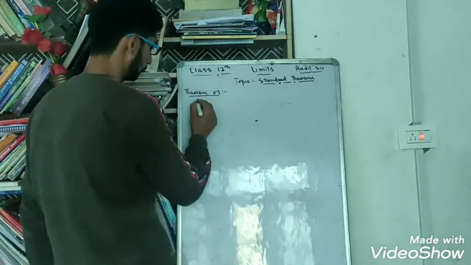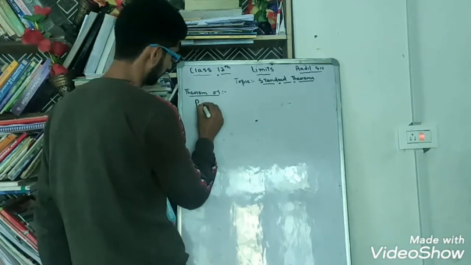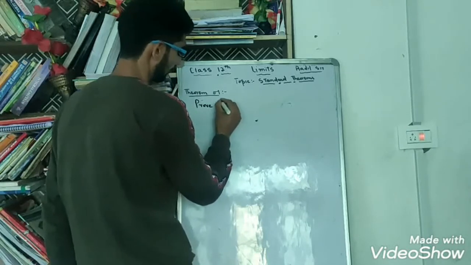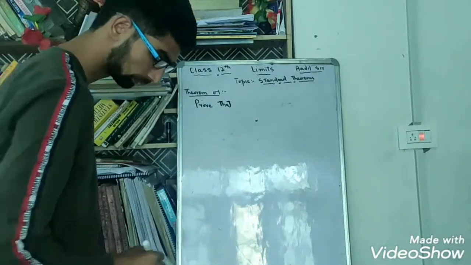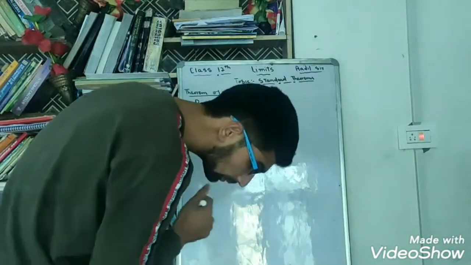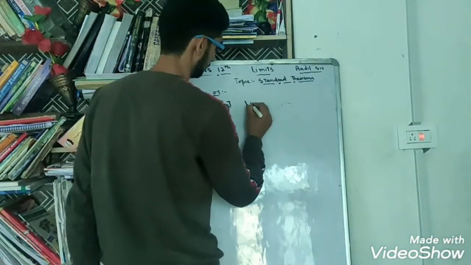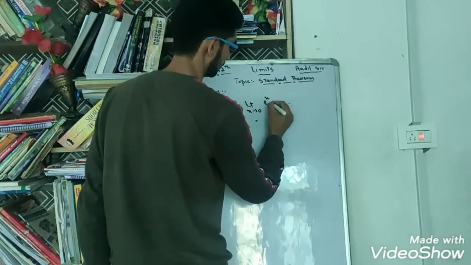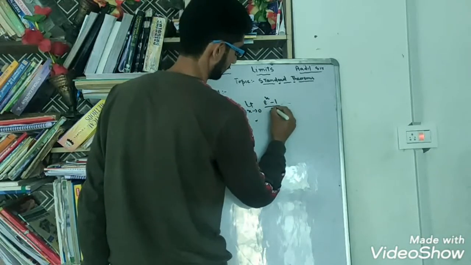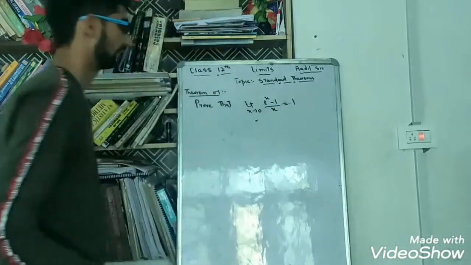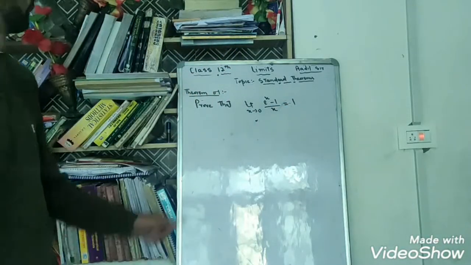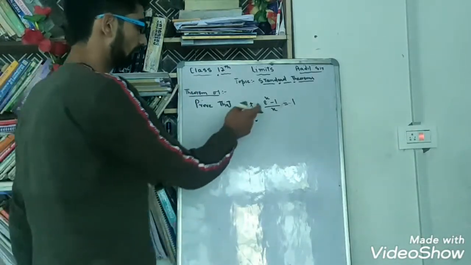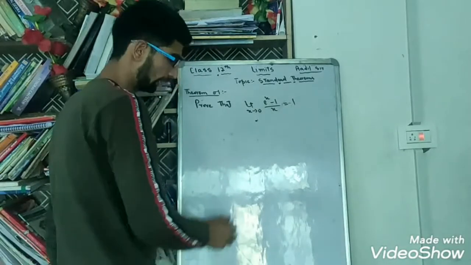The next theorem is that the limit as x tends to 0 of (a^x - 1)/x is equal to 1. Now we have another theorem beta that says this limit of this very function is equal to 1.